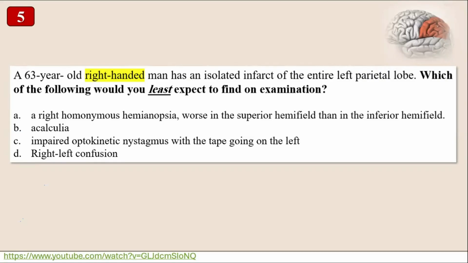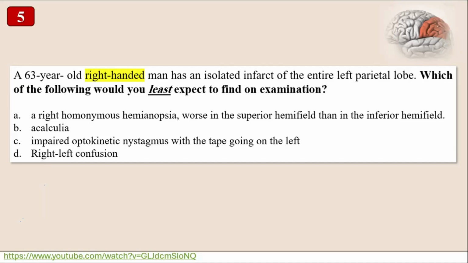C is impaired optokinetic nystagmus with the tape going to the left. D is right-left confusion. So, left parietal lobe infarct. So least expect to find on examination. Optokinetic nystagmus will be there. Right hemianopsia will be there.